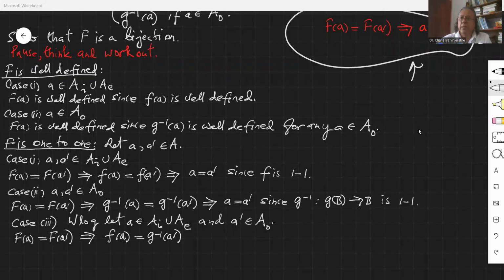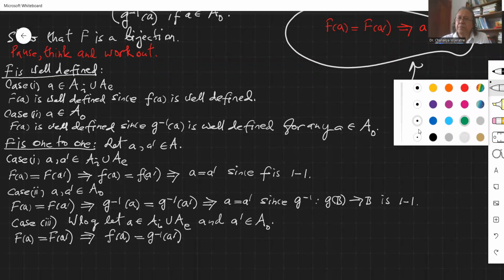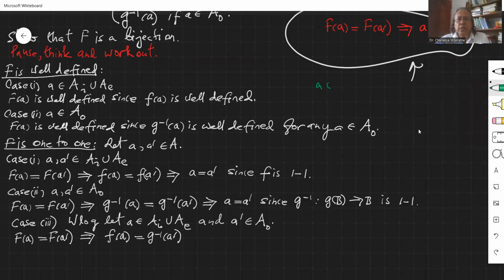Okay, let's do some thinking here. Now if A belongs to AI, then we can say that f of A is an element in B. So f of A goes forward, like this.